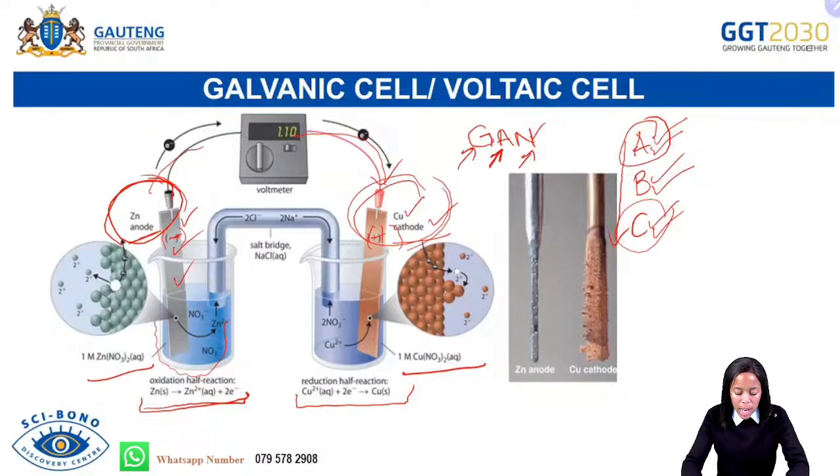So if the anode is negative, it means that the cathode is positive.